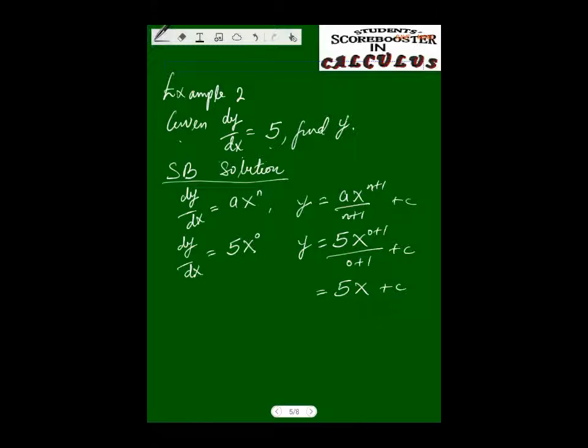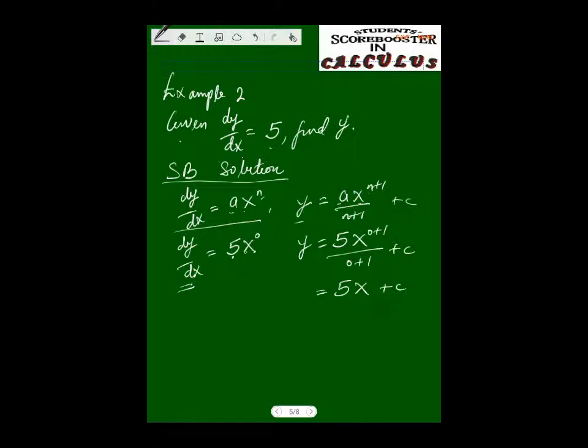The question is dy/dx is equal to 5. Once you write the formula, the general formula is dy/dx is ax raised to power n, and y is equal to ax raised to power n plus 1 over n plus 1, plus c. So dy/dx is equal to 5, which you are given. Now you try to create x together with 5.